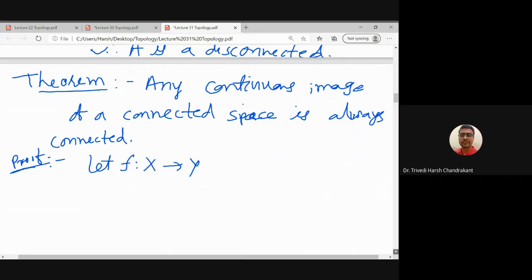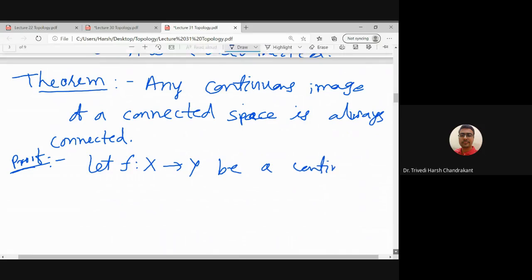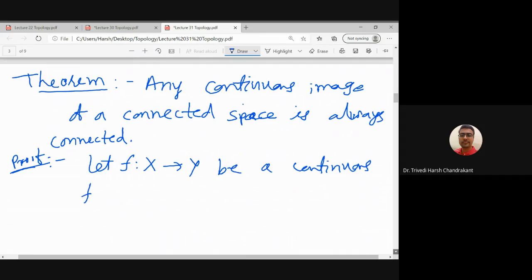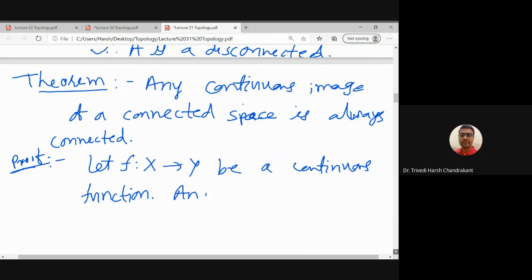Let f from X to Y be a continuous function, and X and Y are two topological spaces.